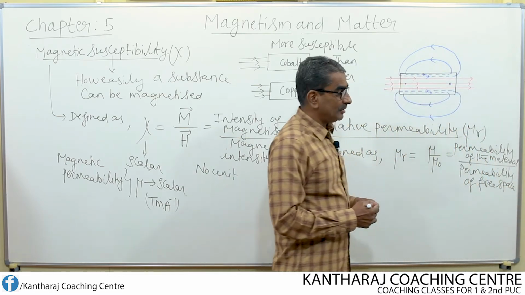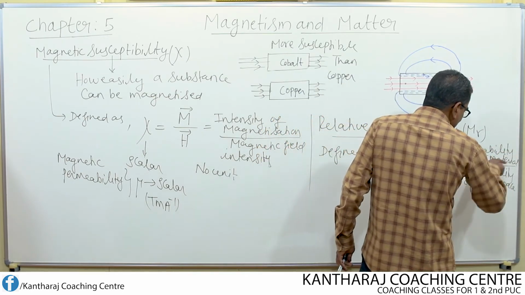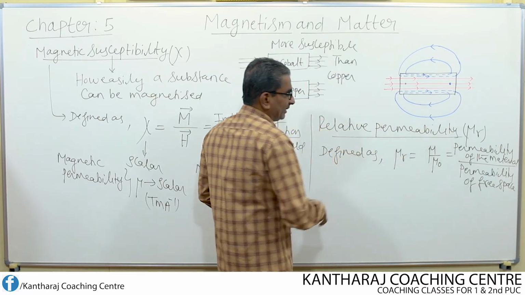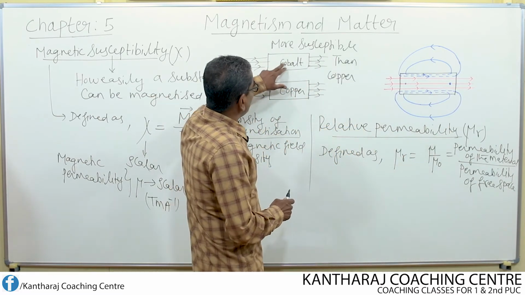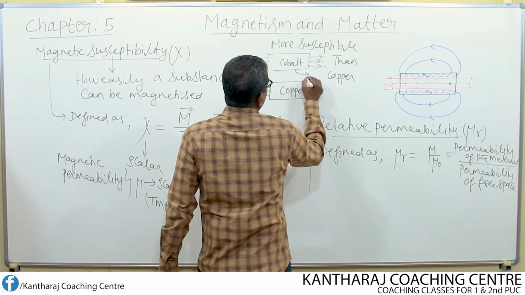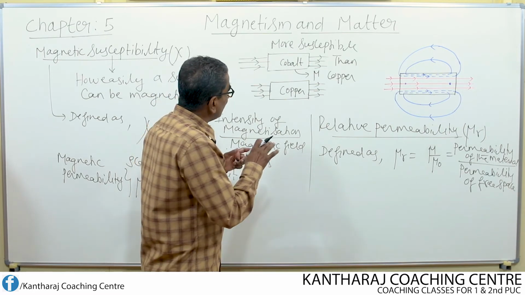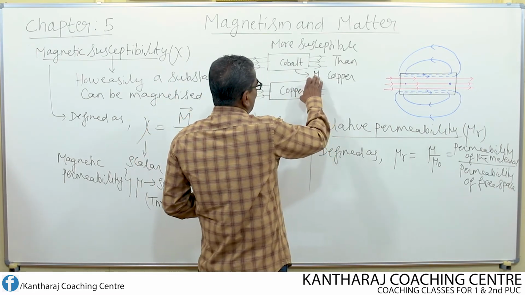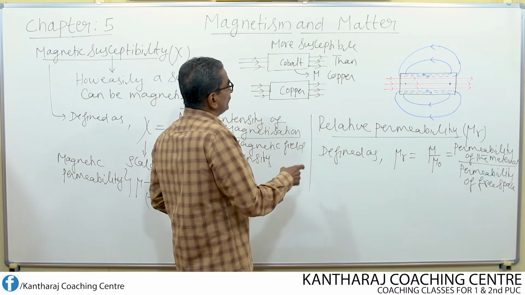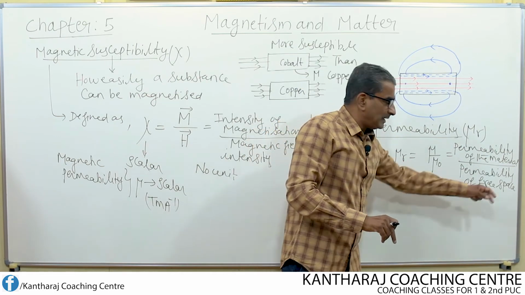Now, the ratio of the magnetic permeability of the material to the permeability of free space is nothing but relative permeability. For example, if the magnetic permeability of cobalt is mu, and I compare it with mu naught, the absolute permeability of free space, the surrounding medium, then it becomes the relative permeability. So the relative permeability of cobalt equals its magnetic permeability divided by the permeability of free space.